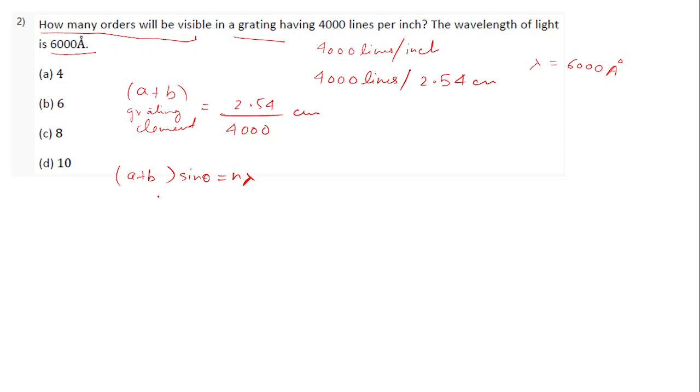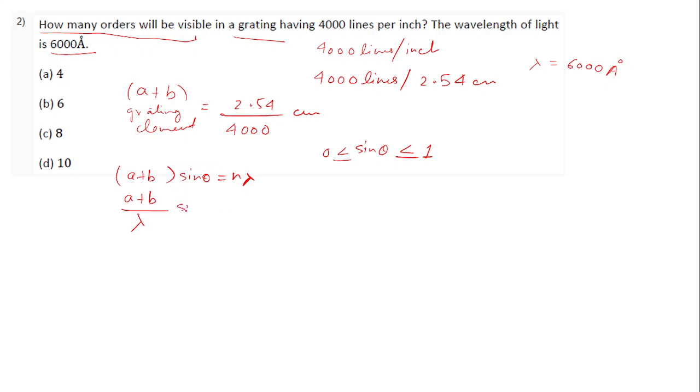Okay, so here you can see that sine theta, we know the maximum value it can take is 1. Its value actually goes between 0 to 1. So the maximum value it can take is 1. Now A plus B is fixed, lambda is fixed. So the only thing that can change is theta and accordingly n.